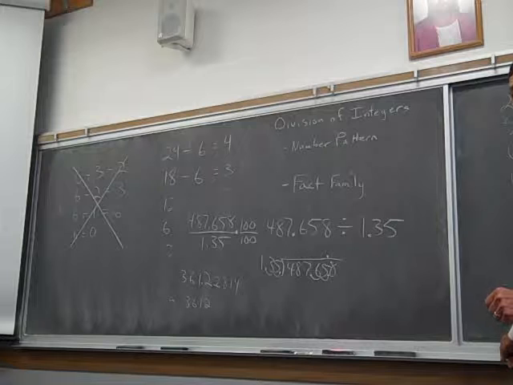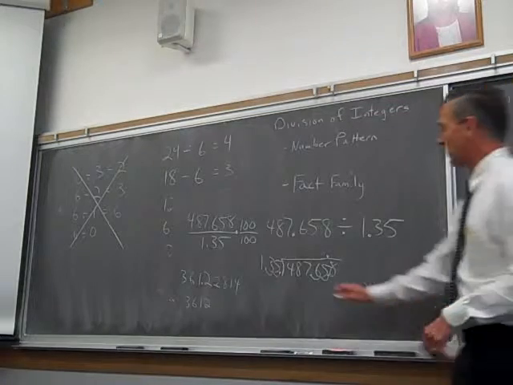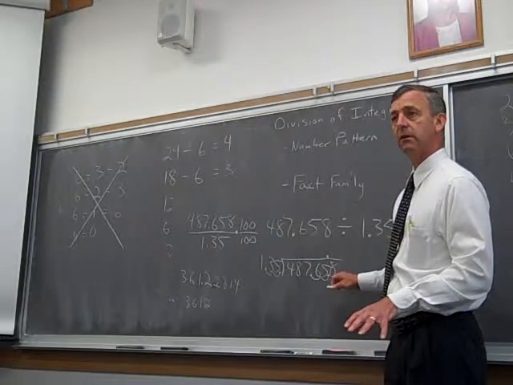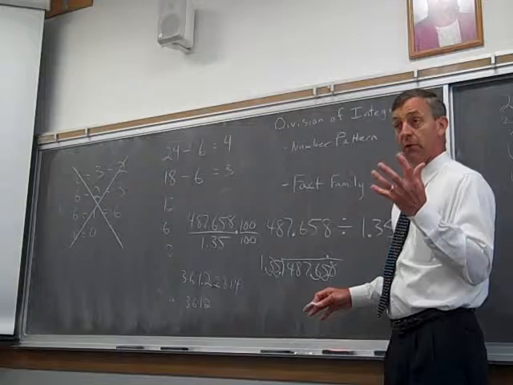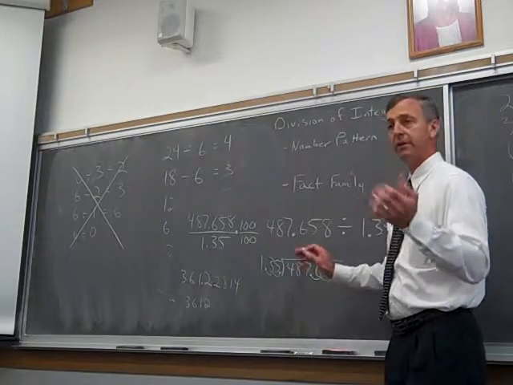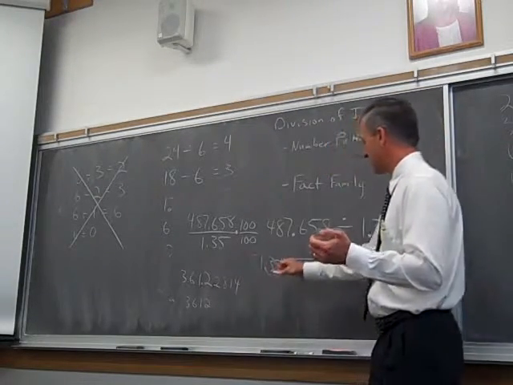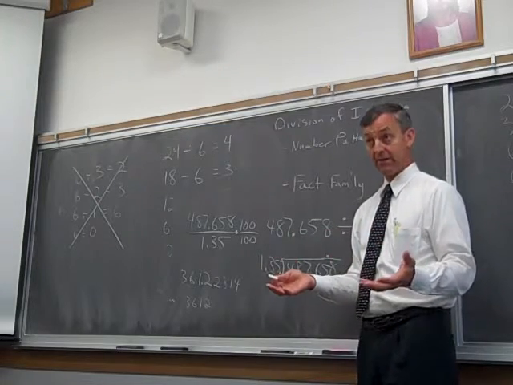So after we divide, we have to turn the decimal back to where it was? Is that what you're saying? I'm saying ignore the decimals completely here. In our mind, we know the answer is going to be around 487, because 1 goes into 487 times.